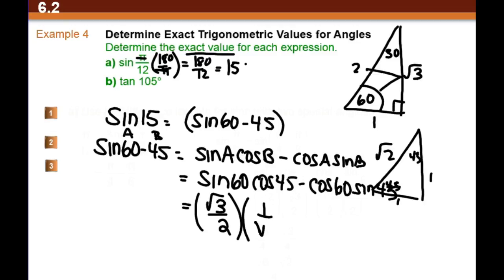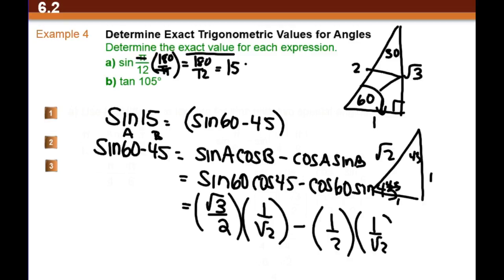So 1 over root 2. Subtracting cos 60 is adjacent over hypotenuse, which is 1/2. And sine 45 is opposite over hypotenuse, which is 1 over root 2.